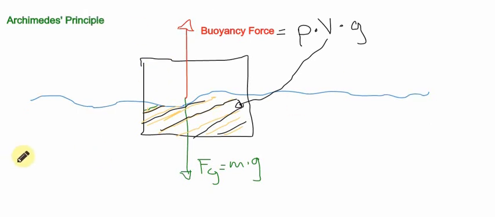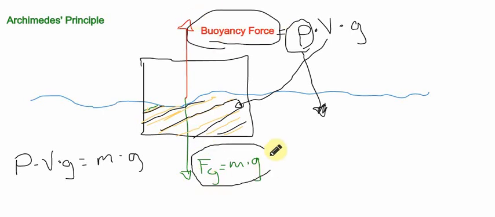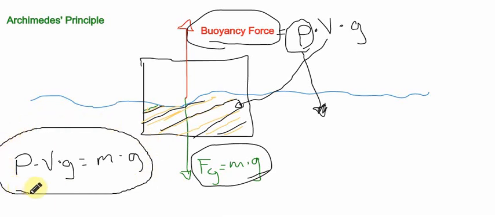So this can be written as the density, and notice that this density is the density of the water, or whatever liquid it's in, not the density of the box. So density times volume times gravity is equivalent to the mass of the box times gravity. We're just setting the buoyancy force and this equal to one another. Just make sure that you have this concept in your head, because some problems might require you to make them equal with one another.